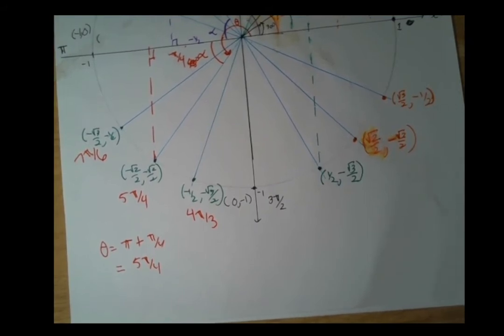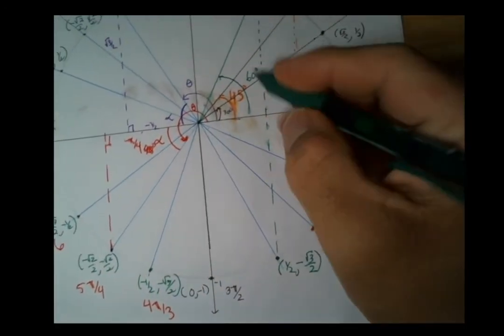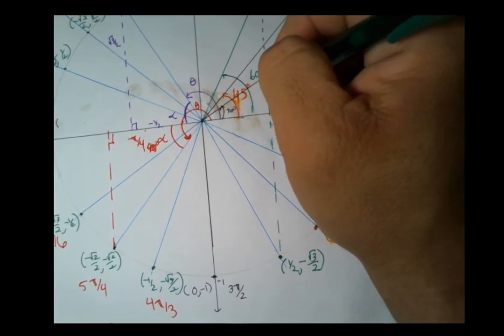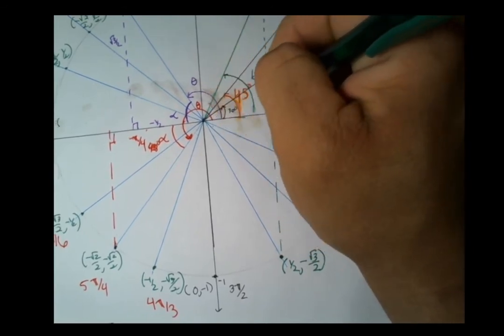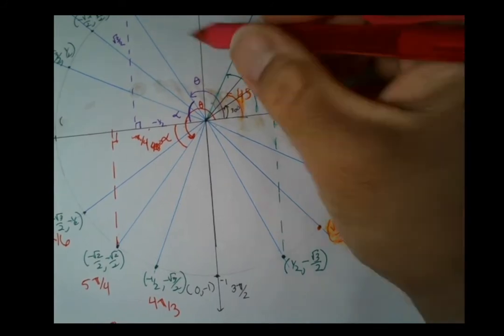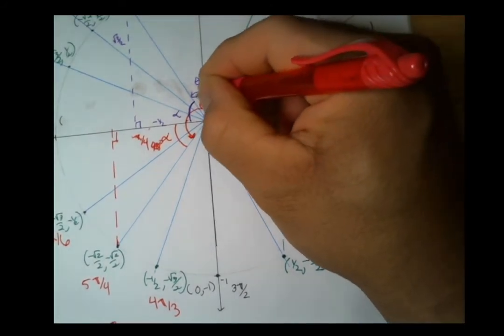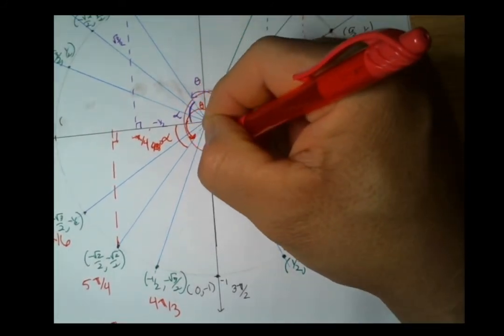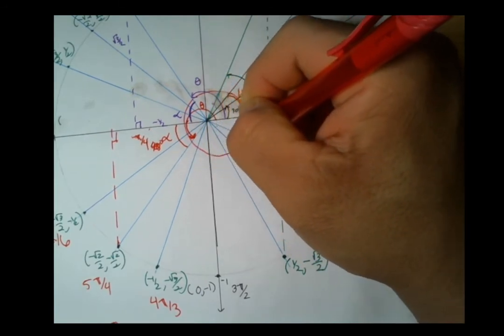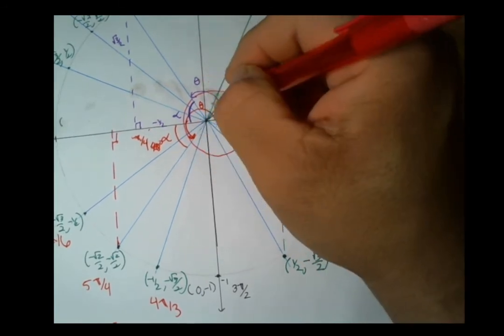Okay, and then lastly, let's do one in the fourth quadrant here. Let's say we want to find this theta here.